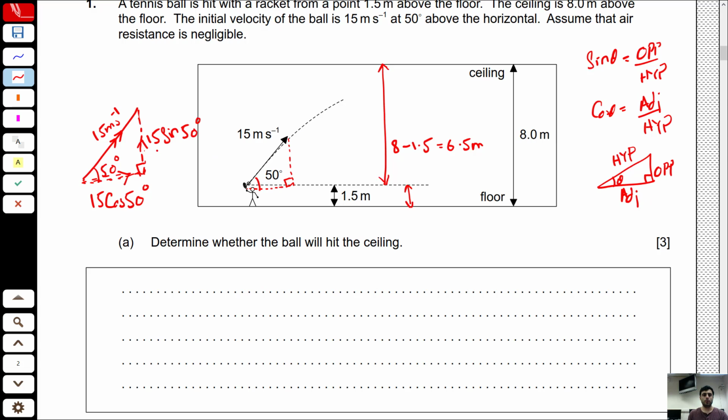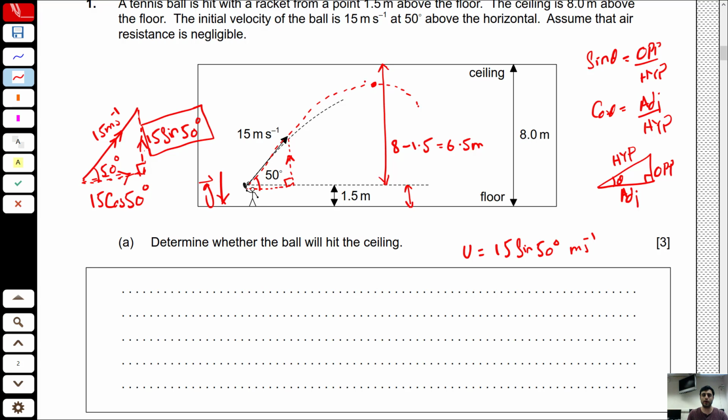Now we have the vertical component of the velocity. This is the initial velocity, u, so our u is 15 sine 50 meter per second. The moment the ball is released, it is going to decelerate because of gravity pulling the ball downward, until it reaches some maximum height.